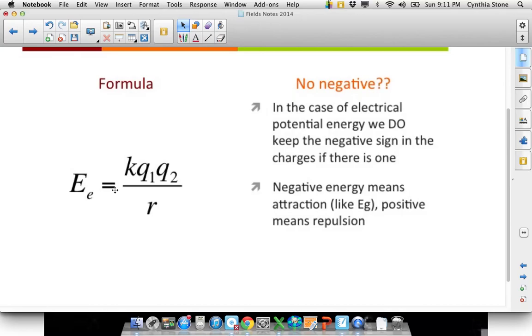Well, with electric energy, it's kind of the same. If you have two oppositely charged objects, here you keep the negative sign in if it's negative in the charge, then the electric energy ends up being negative, and it's like they're attracted to each other. But if you have two of the same charge, then you end up with a positive electric energy, and that means they repel each other. Okay?